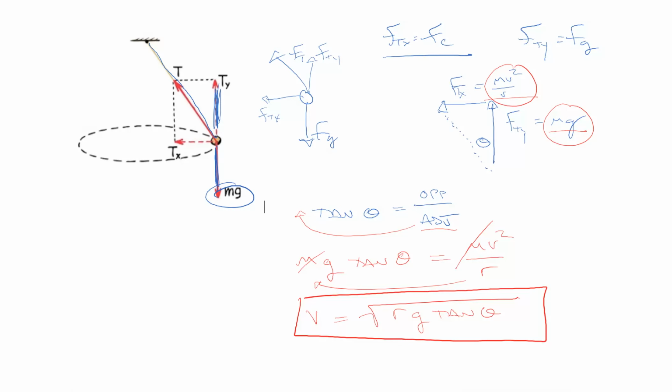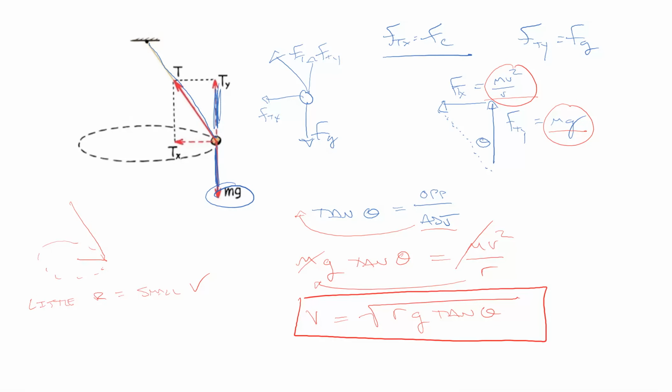And if you think about how the object is moving around in its circular path, if it has a small r, then a small r is equal to a small velocity.